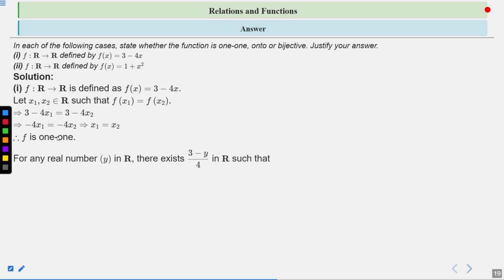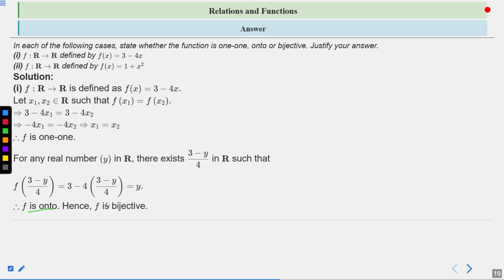Now picking any element y from the codomain set, there exists (3 minus y) by 4 which belongs to the domain set such that f of (3 minus y)/4 is equal to y. Therefore f is onto.